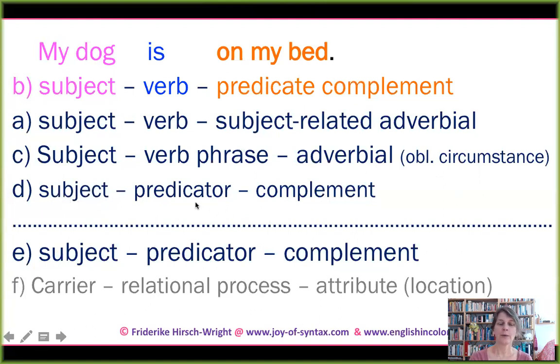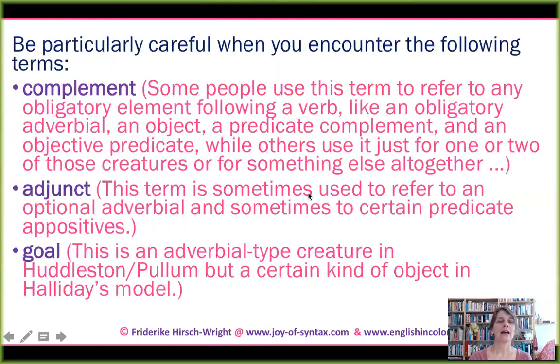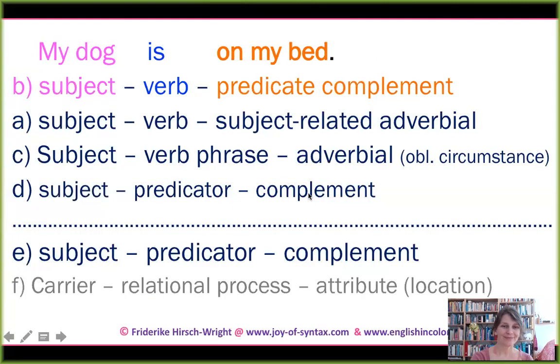Huddleston and Pullum again go with the functional view in case of obligatoriness or not. It's obligatory, so it's a complement. Subject, predicator, complement in the Hallidayan system on the interpersonal level. Yes, it's again a functional view, and carry a relational process and attribute.